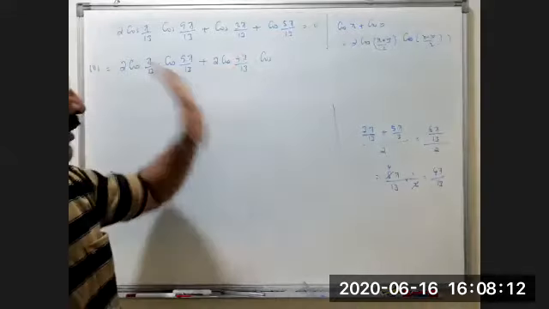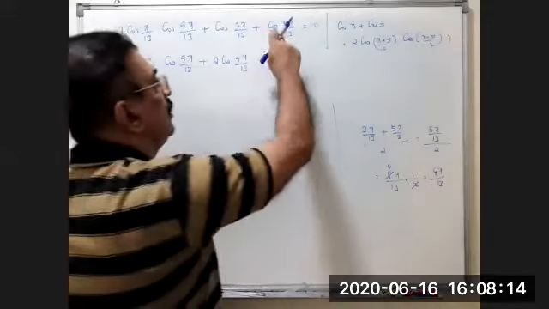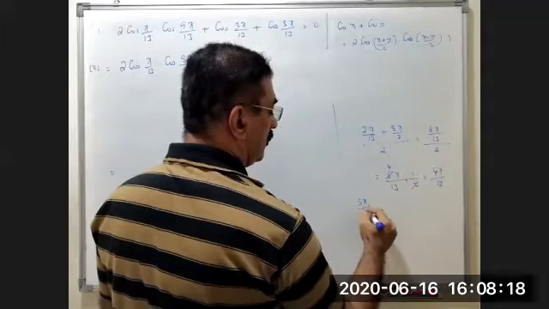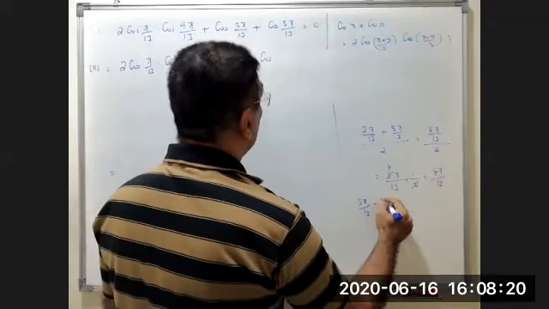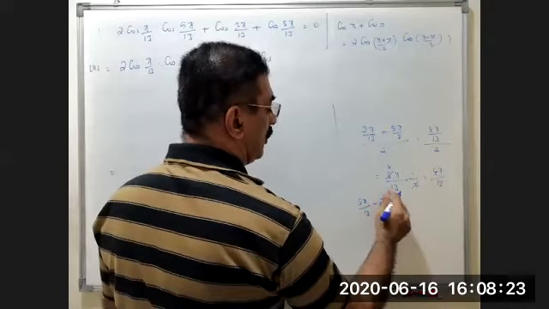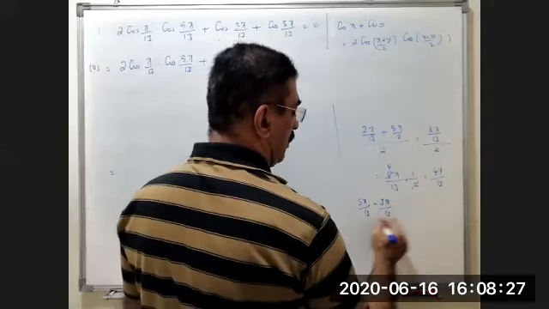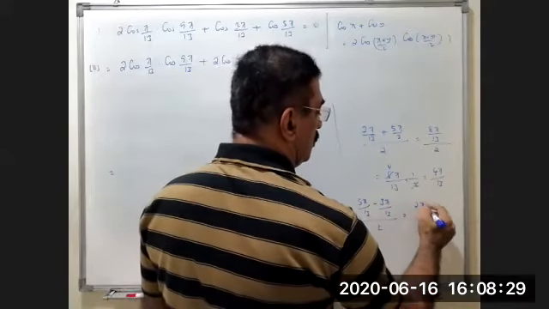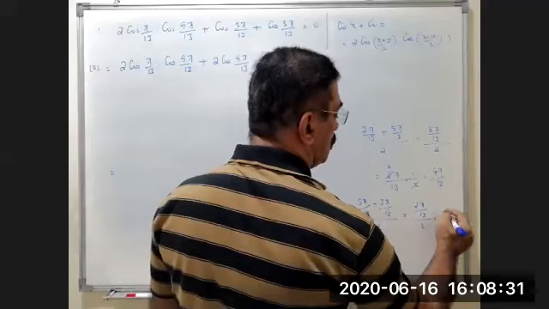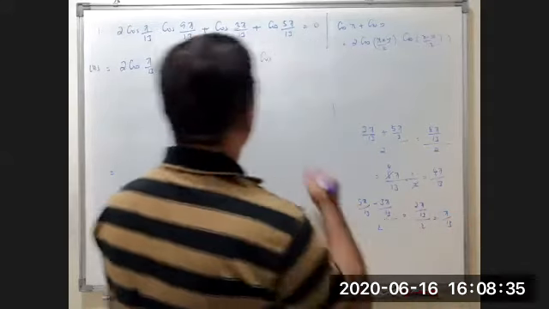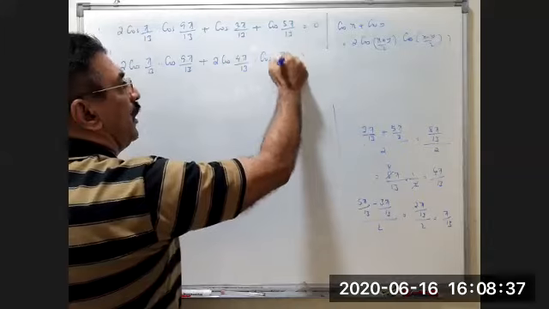Similarly, 5 pi by 30 minus 3 pi by 30, by 2, will be 2 pi by 30 by 2, which is pi by 30, in the cos pi by 30.